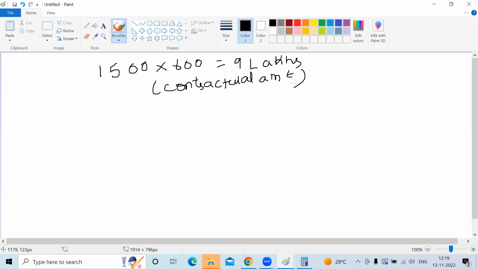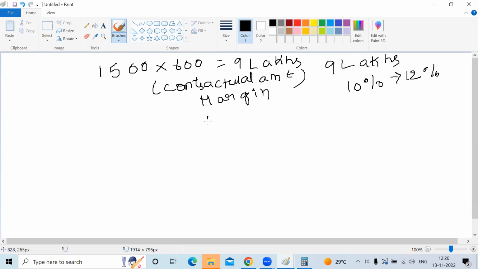And for futures, you don't need to pay 9 lakhs. Say, assume I'm just saying 10%. You have to check in Zerodha's site or somewhere. It will tell you whether you need to pay 10% or 12% as the margin amount. This is called the margin amount you need to pay.